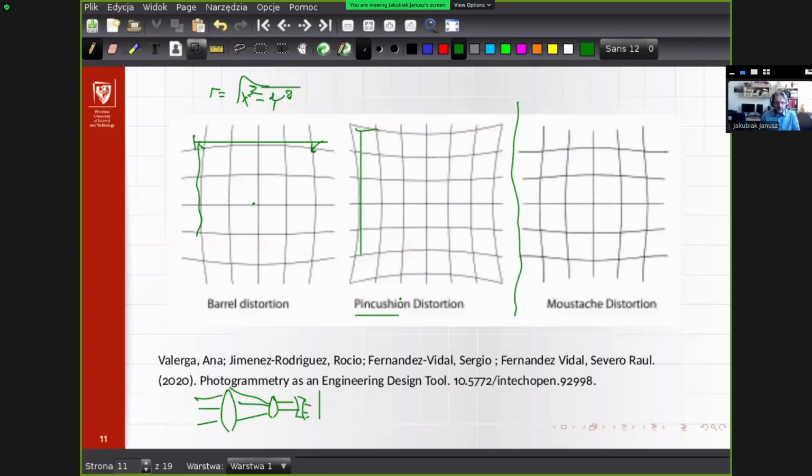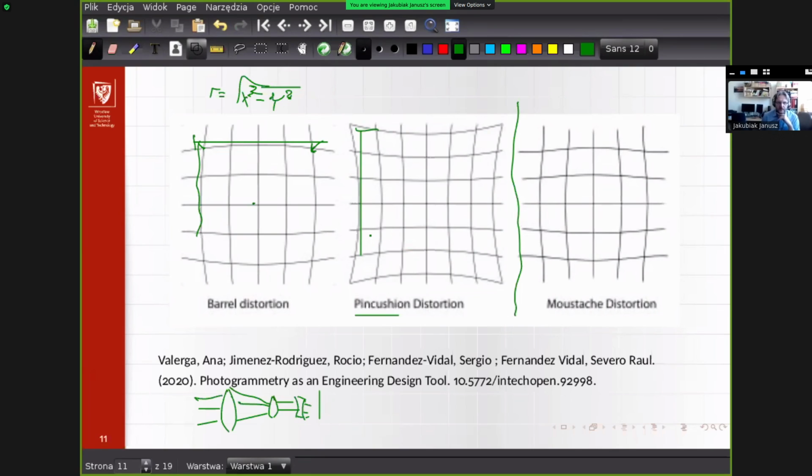Probably when any one of you used a camera, especially with zoom, you can observe the barrel distortion, going from the short to the long length of the zoom of your camera. You can go from the distortions going from one type to another, having a perfect image or close to the perfect image somewhere between the two different focal lengths.